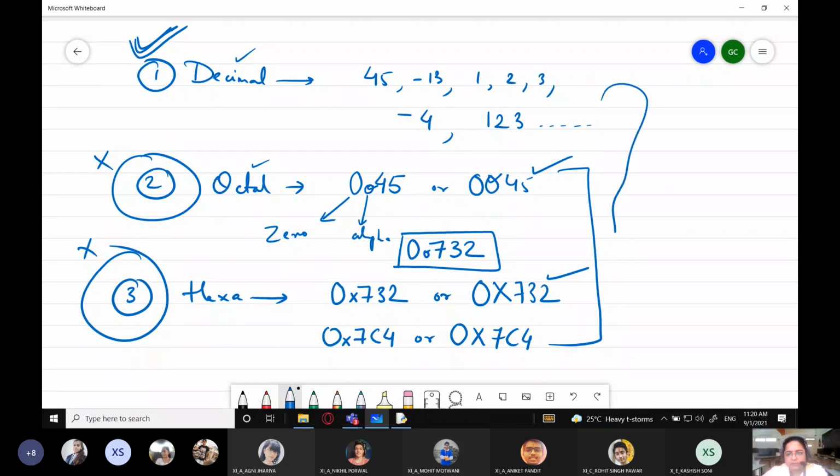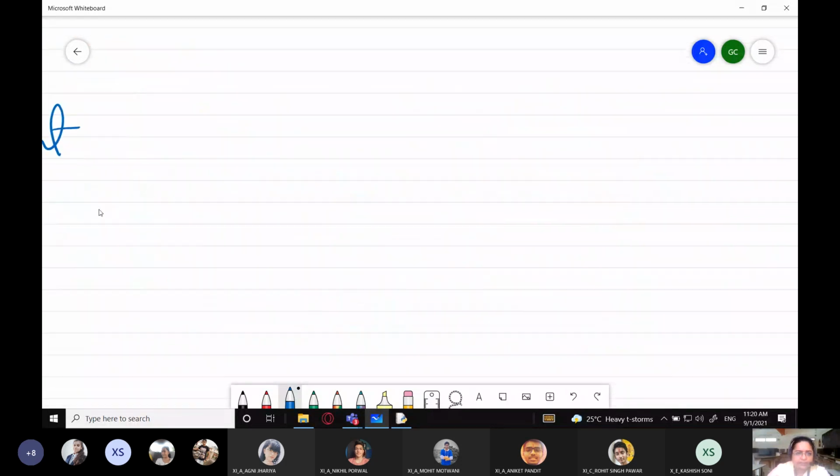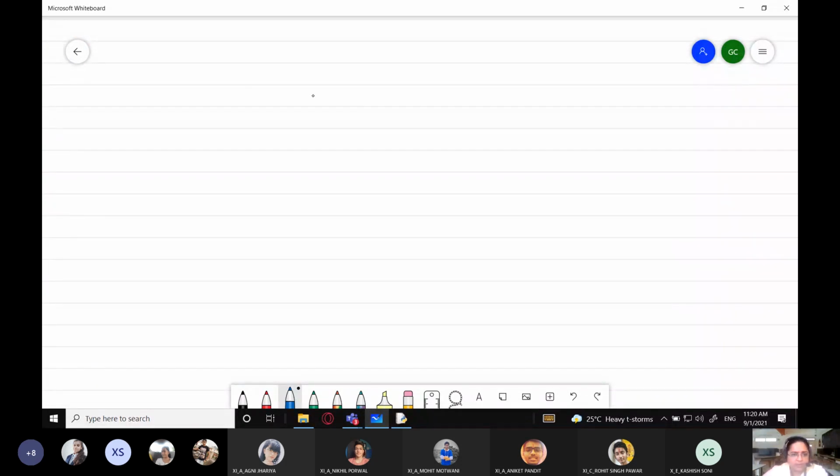Now all these types of literals belong to the category integer. Okay, and integer means all whole numbers. You know the number line already, you might have studied in mathematics, right? And so on. So it consists of 0, all the positive numbers, all the negative numbers. So these are your integer values.